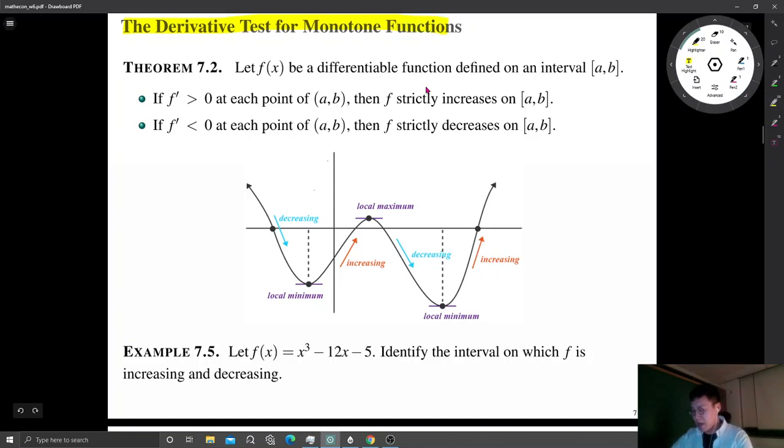It concerns what kind of information we could obtain from the derivative, from the sign of the derivative. Okay? It turns out that the sign of the derivative conveys very important information about the shape of the original function.